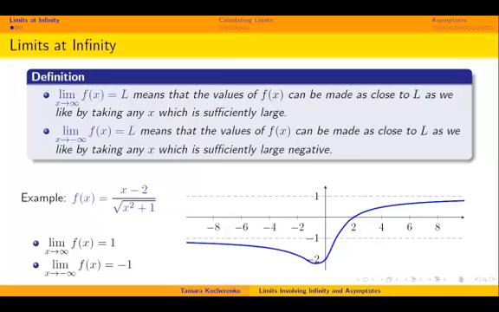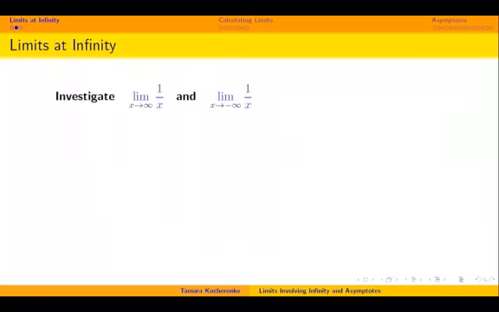The starting point is to investigate limits as x approaches positive and negative infinity of the function 1 over x. If x is large, say greater than 100, then 1 over x is less than 1/100th.